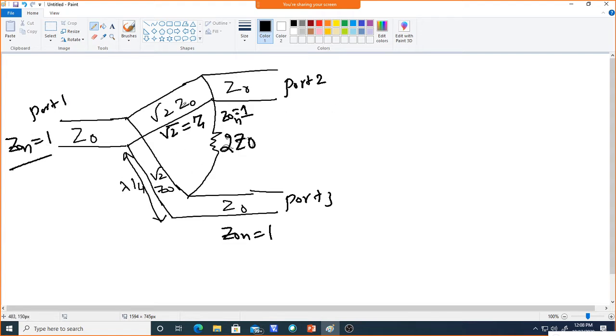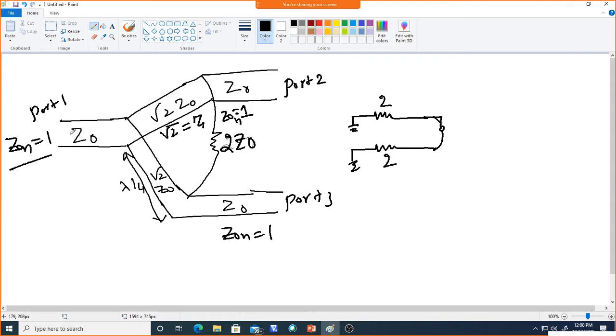Now we divide this network in symmetric form and rewrite it. Since the normalized value is 1, we can put it as two parallel resistors connected at this port, so we take this as 2 and this as 2.